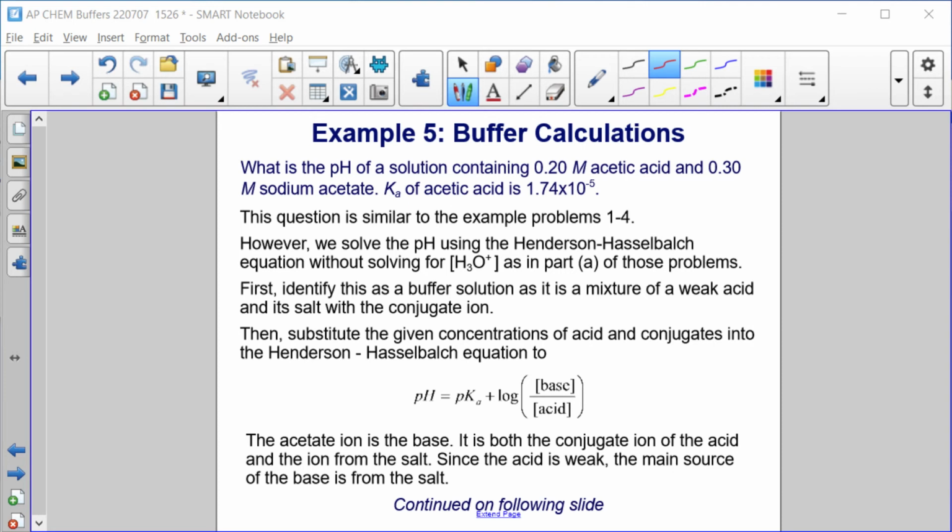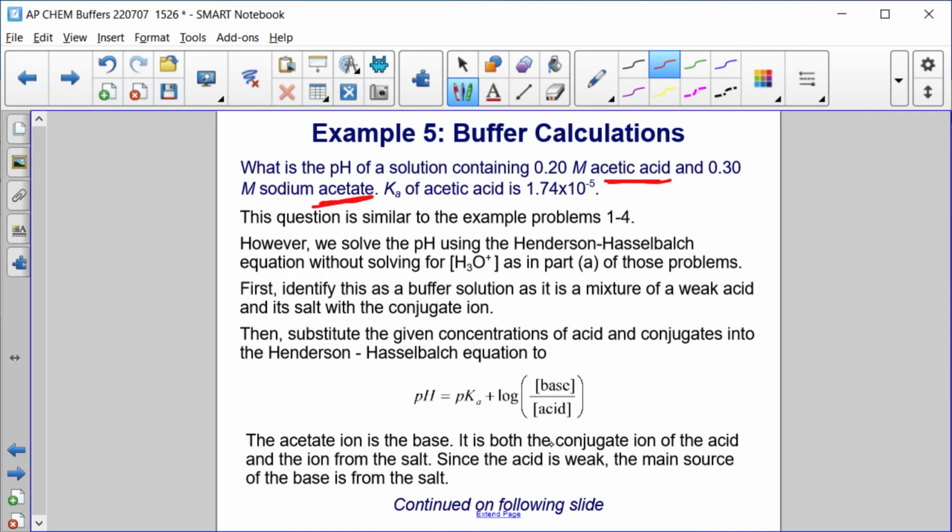So first, we can identify this as a buffer solution as it's a mixture of a weak acid and its salt with the conjugate ion. So it is, right? Acetic acid is the weak acid, and then the salt contains the acetate. Then we can just substitute the given concentrations of acid and conjugate into the Henderson-Hasselbalch equation, where pH is equal to pKa plus the log of the base concentration over acid concentration.